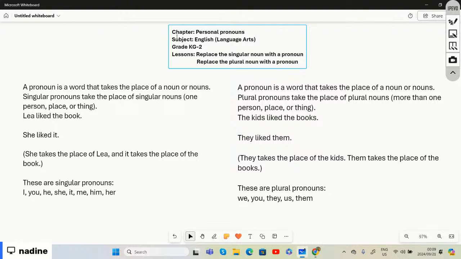A plural pronoun refers to more than one person, animal, place, or thing. It refers to more than one because now it is two or more.